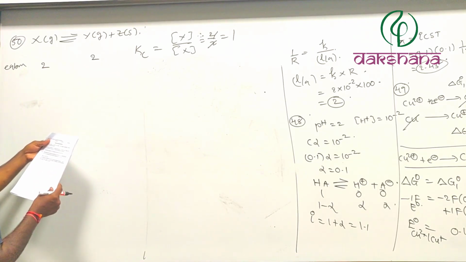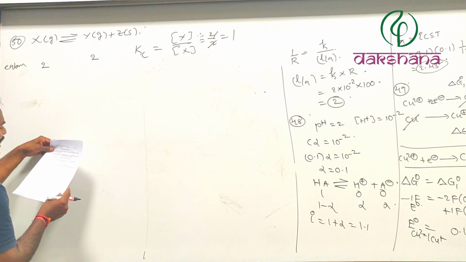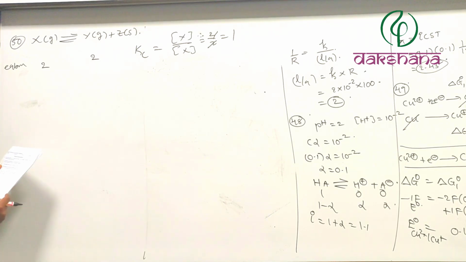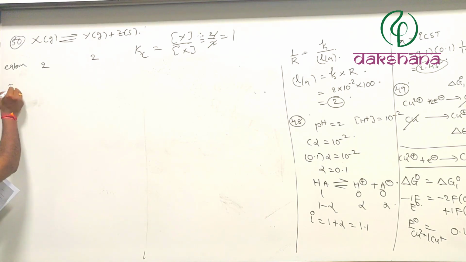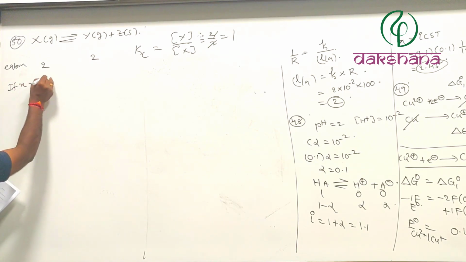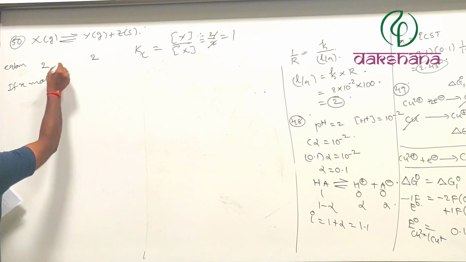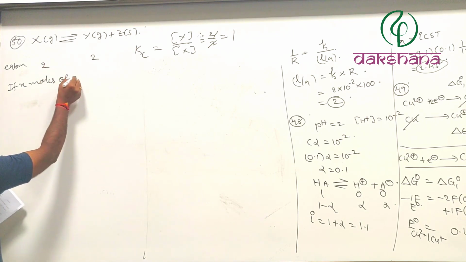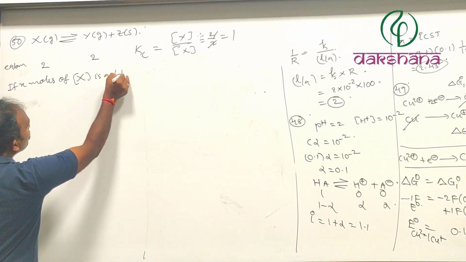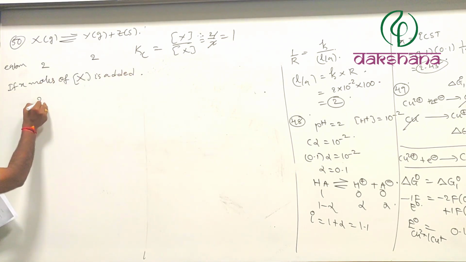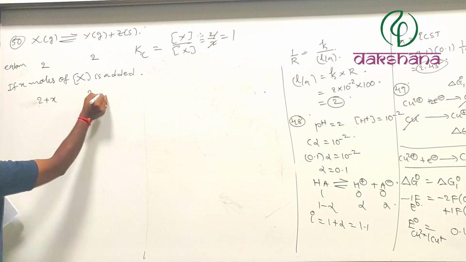Now let us suppose that x moles of X are added, so it becomes 2 plus x.